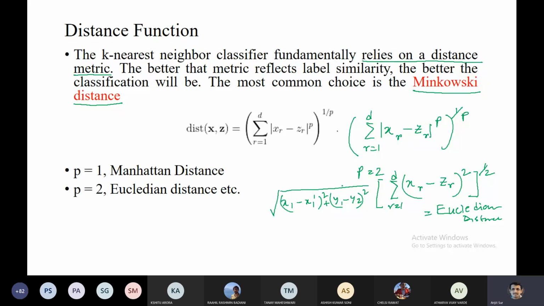This is the Euclidean distance. If I'm not very wrong, this is basically the way Euclidean distance is measured. And if p is equal to 1, it is called Manhattan distance.